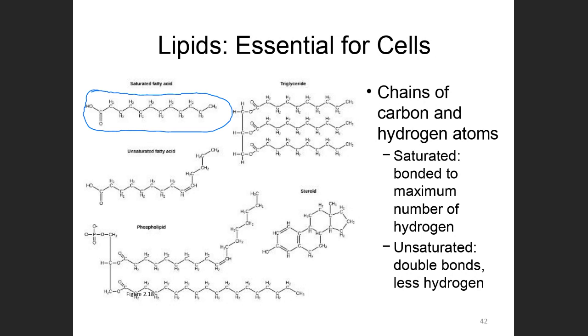An unsaturated fat, instead of having the maximum number of hydrogens, has some double bonds, you can see here, and it ends up giving it a little kink in it. So it could have had an extra hydrogen there and it doesn't. So it's unsaturated. Saturated means filled, right? And it's not as filled as it could be with hydrogen.